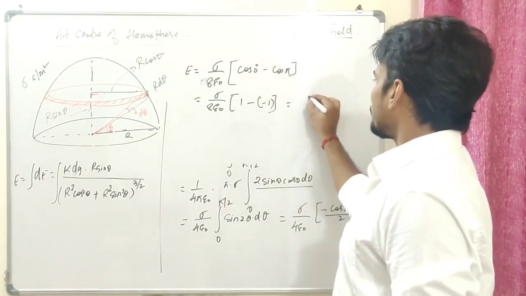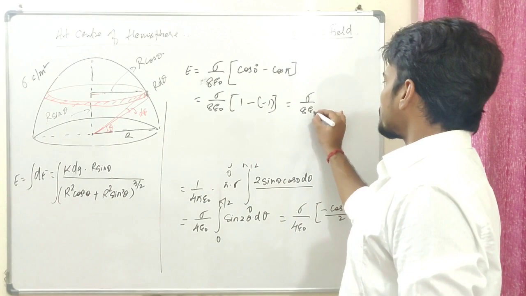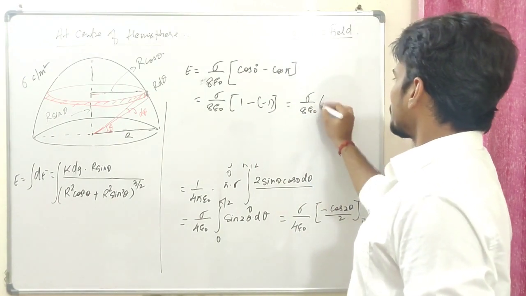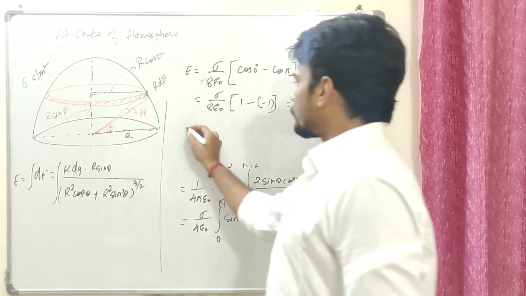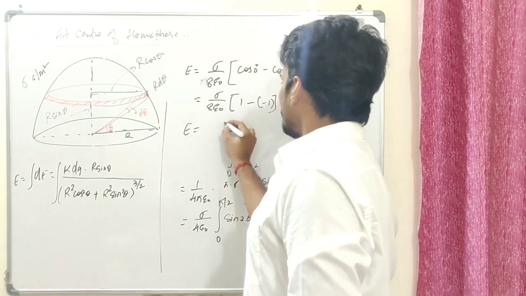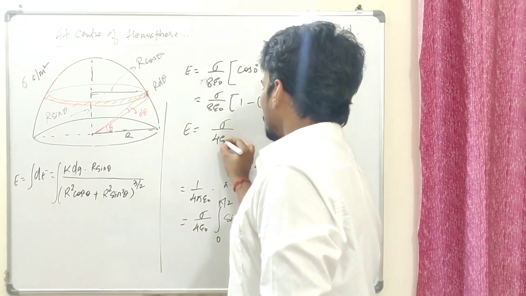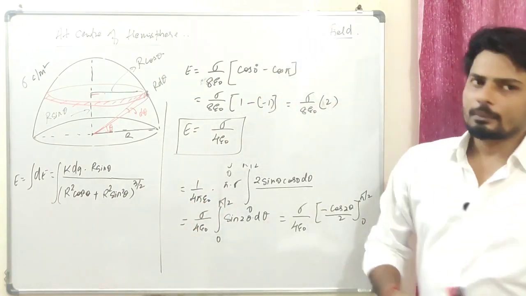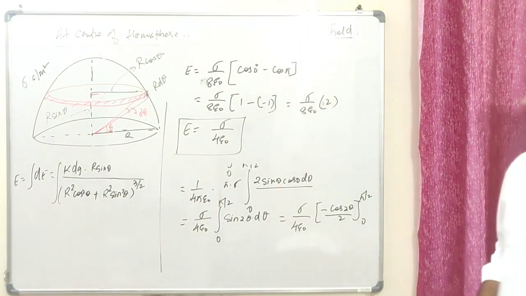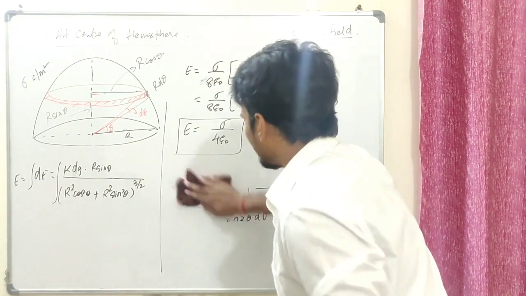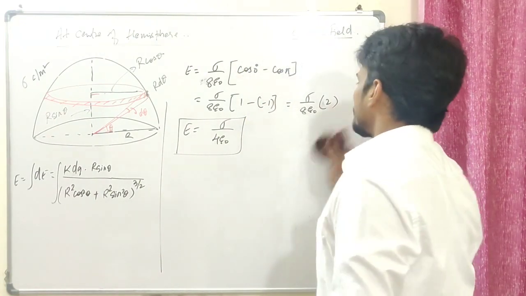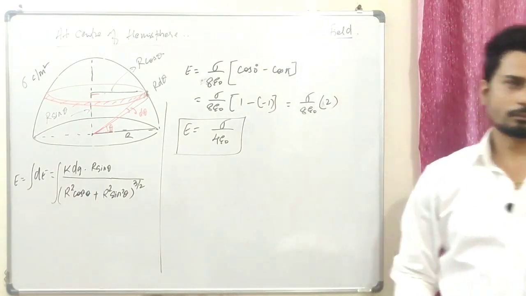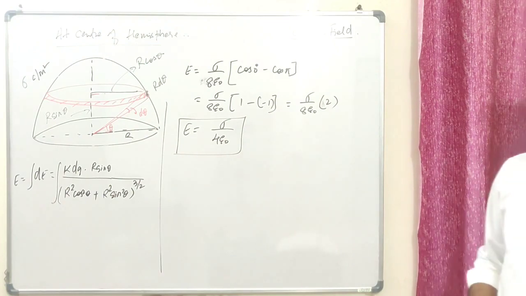That's going to be sigma over 8 epsilon naught times 2. So the net electric field will be sigma over 4 epsilon naught. That is the electric field because of the hemisphere at the center of the hemisphere of radius r and charge density sigma. I hope you guys are okay with this.